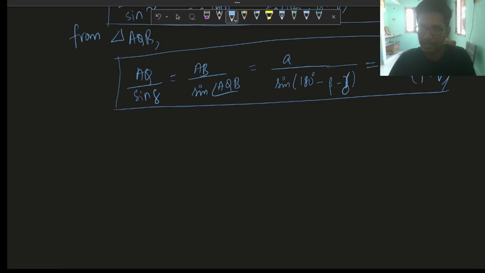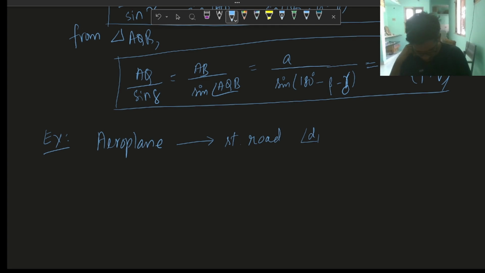So let's solve an example that deals like this. From an aeroplane vertically over a straight road, the angle of depression of two consecutive kilometer stones on the same side are 45 degree and 60 degree.